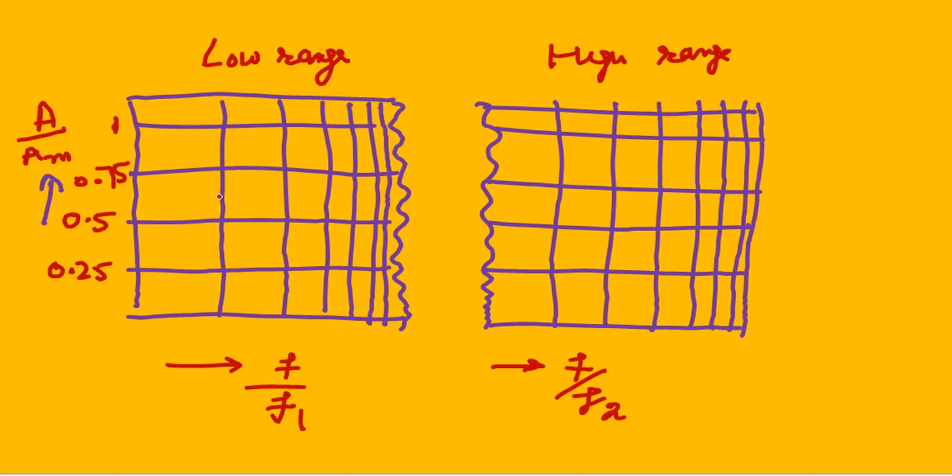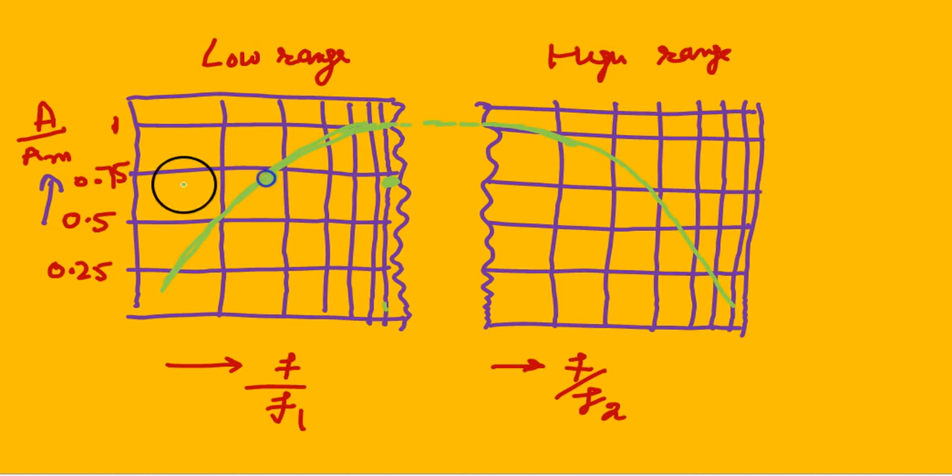So along low range F upon F1, high range F upon F2. For the low range frequency, relative frequency is taken. The frequency is varied with respect to F1. For high range, the frequency is varied with respect to F2. So the graph becomes like this.